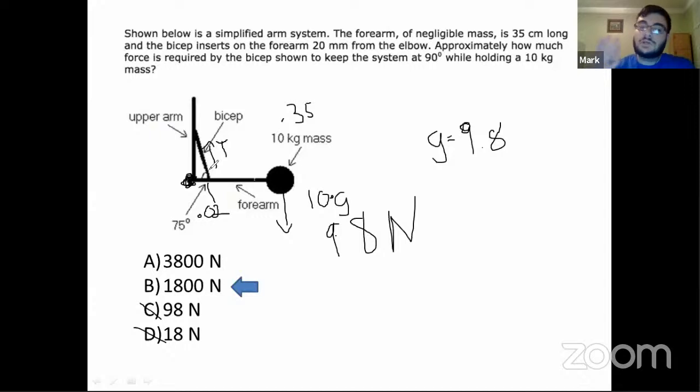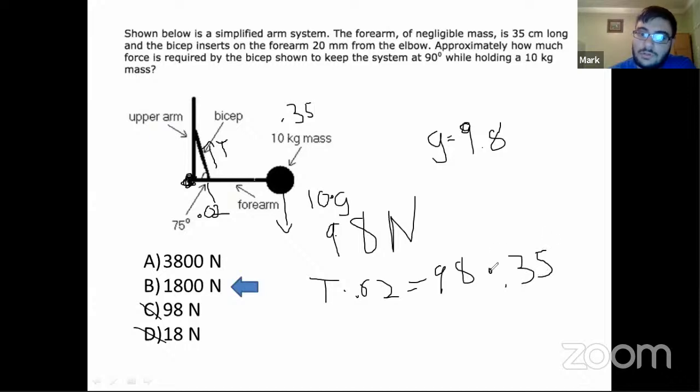If you pretend that this angle didn't exist and it was just a straight line, then you would have the tension T times 0.02 equal to 98 times 0.35.